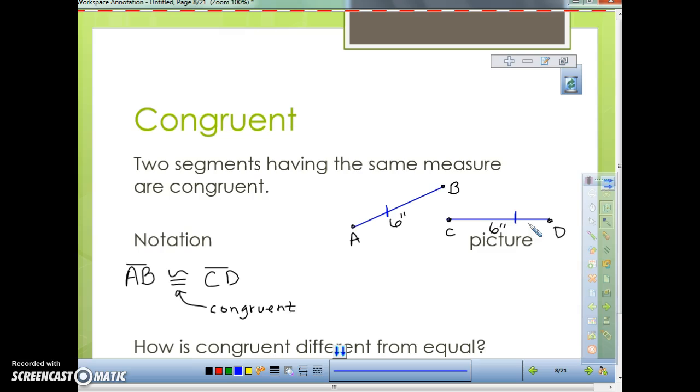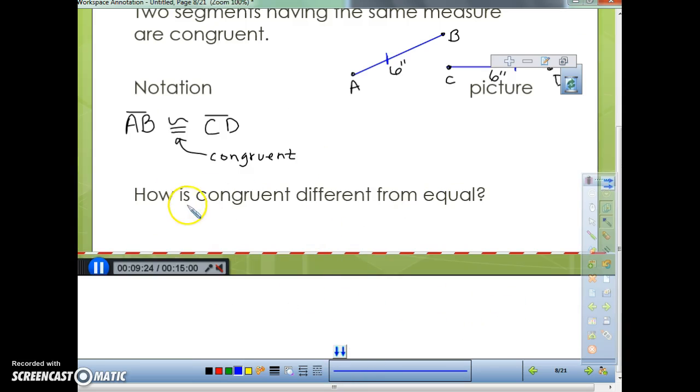Or if there's another pair of congruent segments, 3, and so on. You don't say that segments are equal. Their measurements are equal. Their distances or lengths are equal. So a little bit of a slight difference in notation.